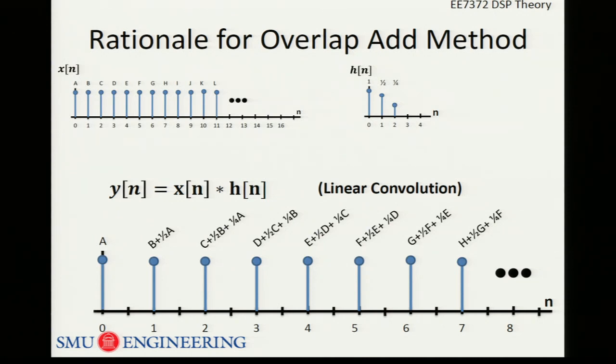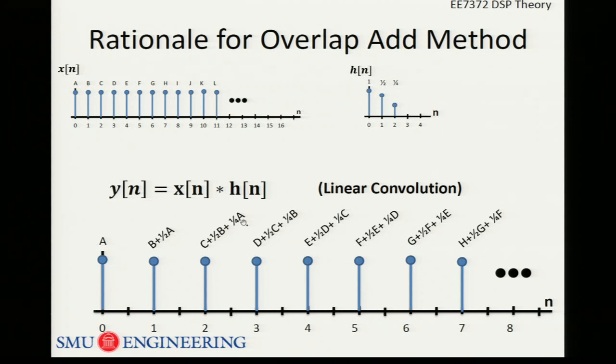Now, what we want out is to convolve linearly these two signals, h of n and x of n. That's the output that we desire. So y of n is h of n convolved with x of n, and I've written it down here. Because the form of h of n is so simple, it's only length 3, the terms in the output contain at max only 3 values, like c plus a half b plus 1/4 a.